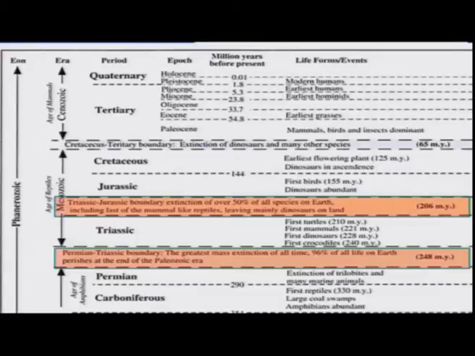Then we have the Triassic-Jurassic boundary, again related to eruptions, with the extinction of major species during this period also. And then we have the Cretaceous-Tertiary boundary, around 65 million years back. These are events probably related to major eruptions in the region.